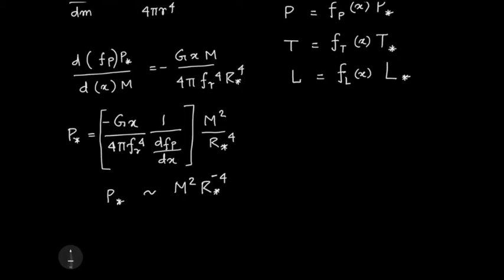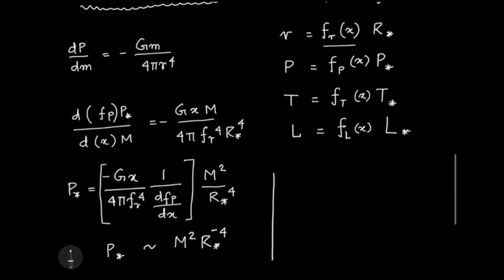Okay, so that is the first thing that we learned from the first equation. But you see, I could have just written it down without doing all these things. Just looking at the first equation, I have dP by dm. So instead of that, I write P star by M, which I take on the right hand side. I have 2M here, so this is M squared, and then r to the power 4 in the denominator, so r to the minus 4. So I can directly write it this way for this equation.